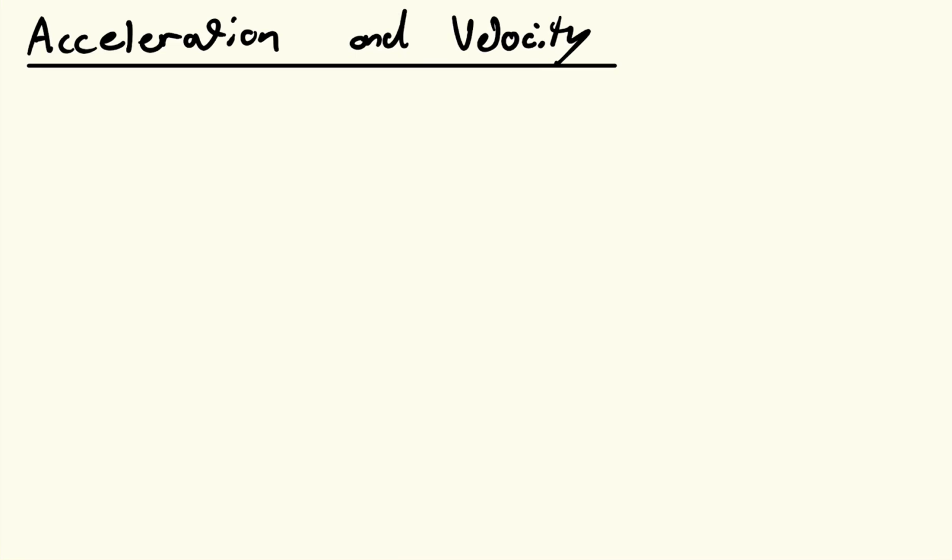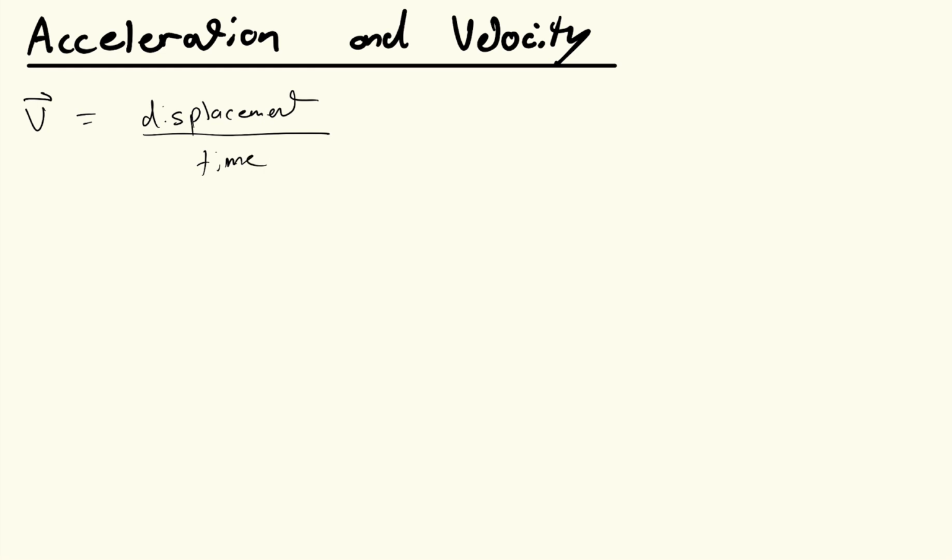Hey everyone, so today we're going to go over acceleration and velocity, and we're going to go over some formulas before we can get into the problems. So the formula for velocity is equal to displacement over time.